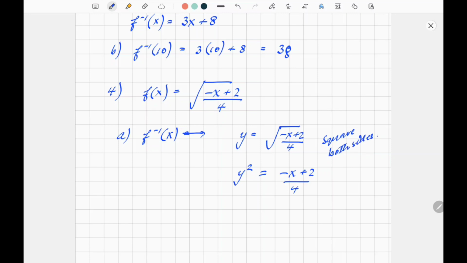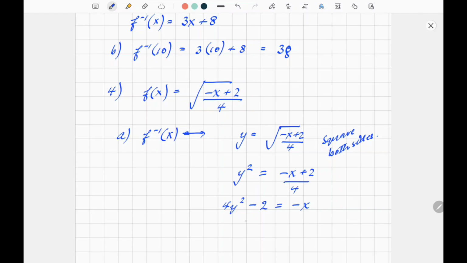Once you've got that, then it's just simply rearranging as we have done throughout the other questions. So 4y squared minus 2 equals, now watch out, minus x. Remember we started with a minus x there. So we need to swap the signs of everything.